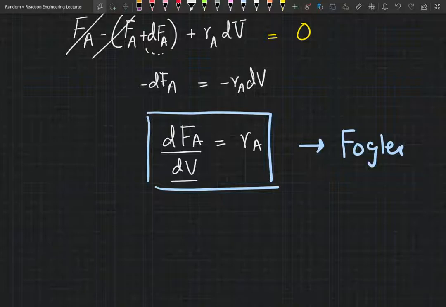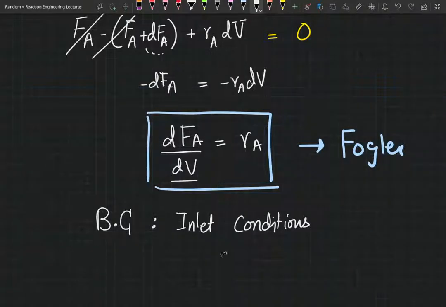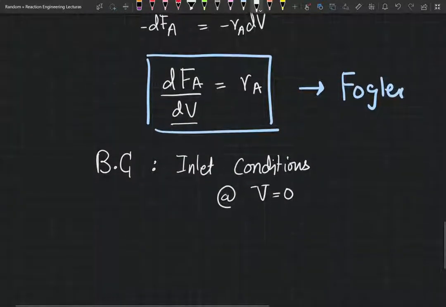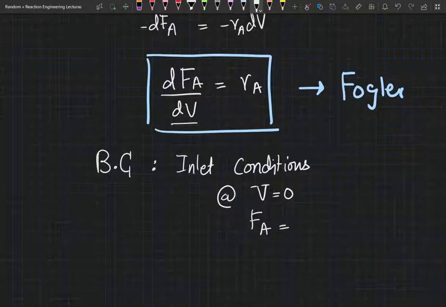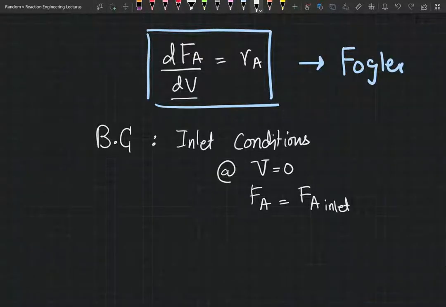Now, once you want to size the reactor, you need the boundary conditions. You need one boundary condition, and that is your inlet conditions. So at V equals 0, FA is going to be equal to the inlet flow rate. Makes sense. Once you integrate this, what you're looking for is the volume.